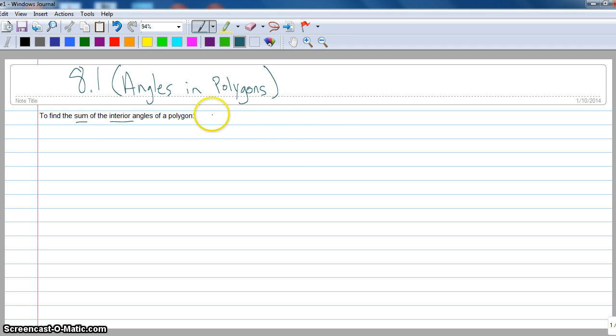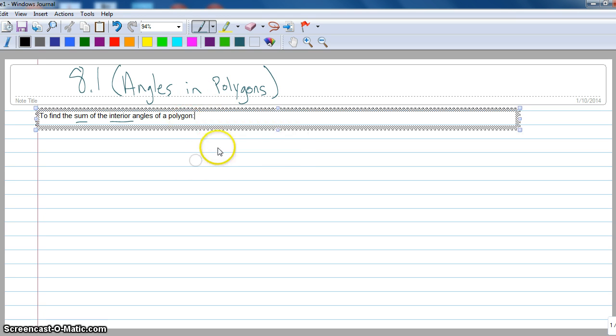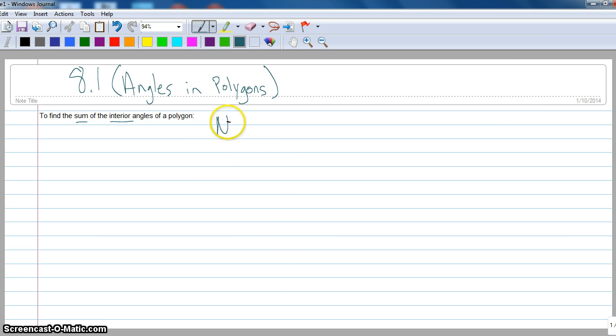The formula is n minus 2 times 180. N is the number of sides. So if we're talking about a pentagon, you would put 5 in for n because the pentagon has 5 sides.